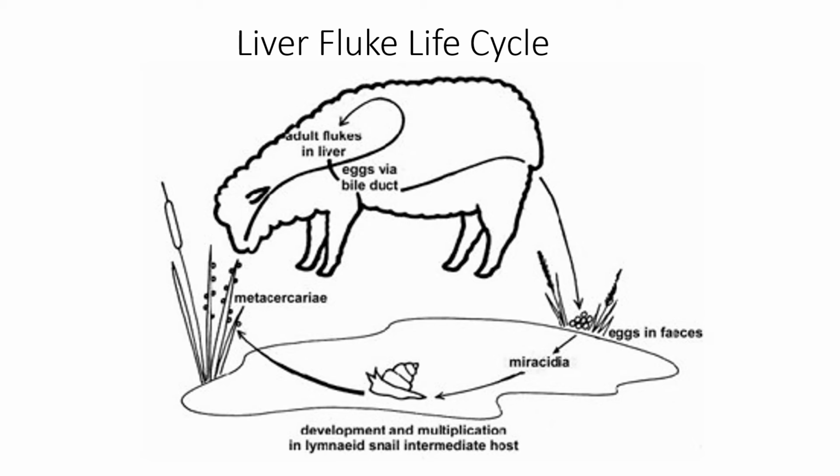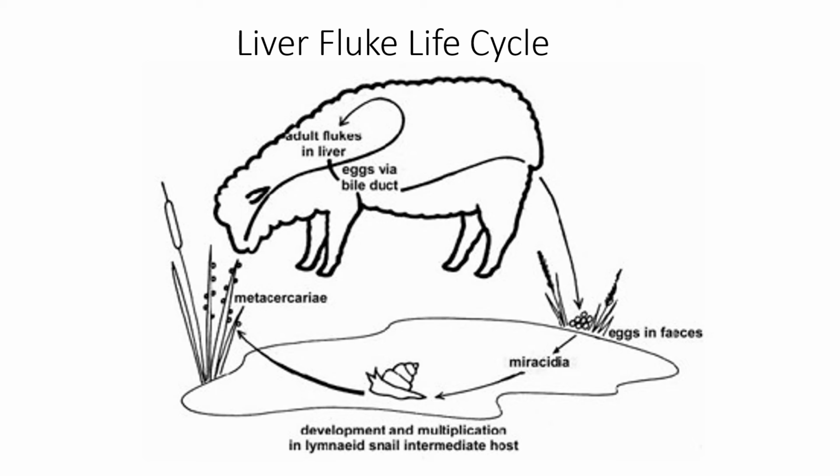They release eggs via the bile duct, and the eggs are excreted through the feces of the animal, and these eggs change into miracidium larva. This miracidium larva enters another host, which you can see in the diagram, and then development and multiplication occur.